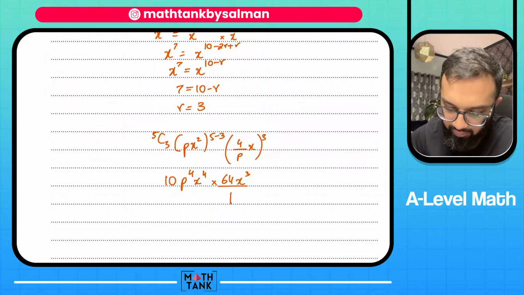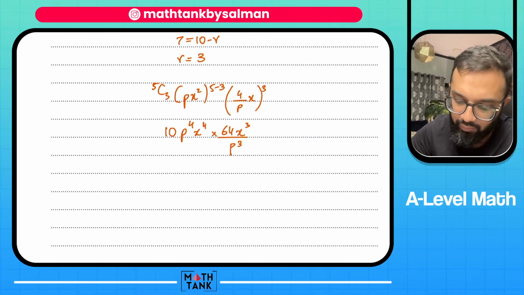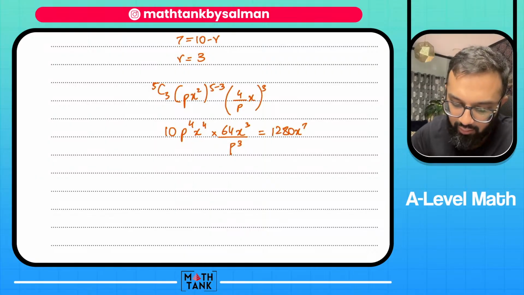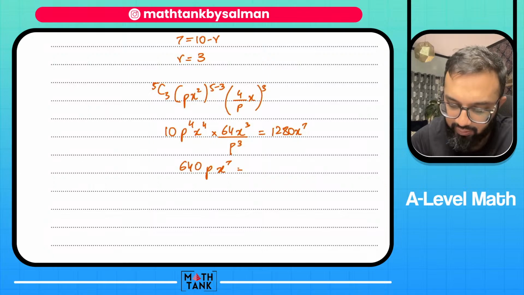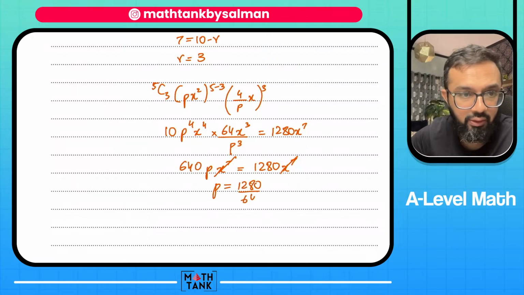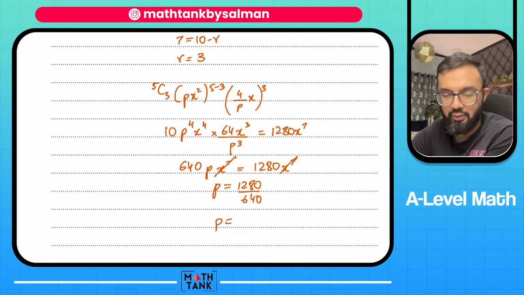and over p cubed. Okay, this is the coefficient, this is 1280, which means that this is 1280 x power 7. Okay, so I am getting 640 p x power 7. x power 7 cancels out. 1280 divided by 640 is 2.